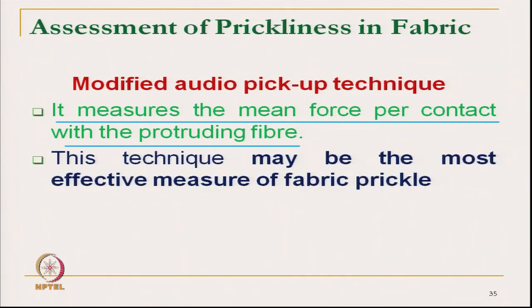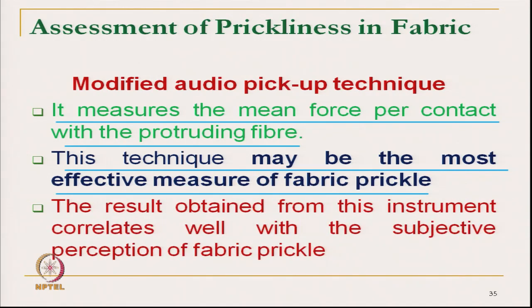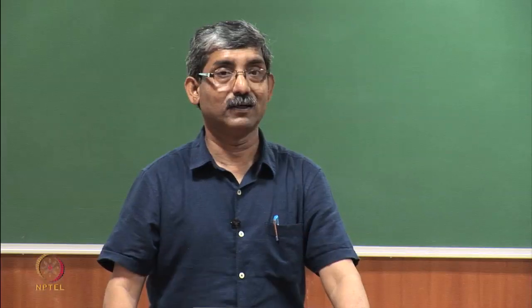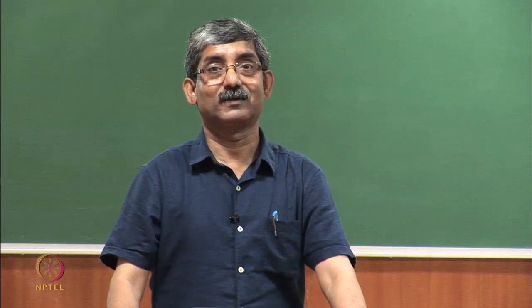So, this technique may be the most effective technique for fabric prickliness. Okay. And the result obtained from this instrument directly correlates with the subjective perception of fabric prickle. This is the most effective technique for fabric prickliness sensation measurement.